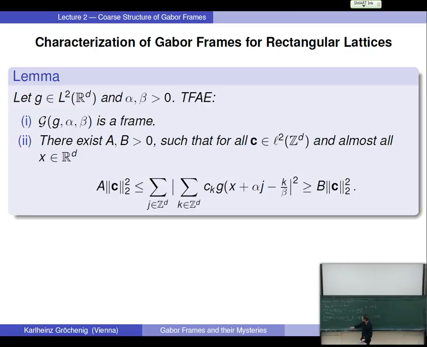So this means in each row, each column of the Gramian, the row sum is less than the value in the diagonal in a uniform way.